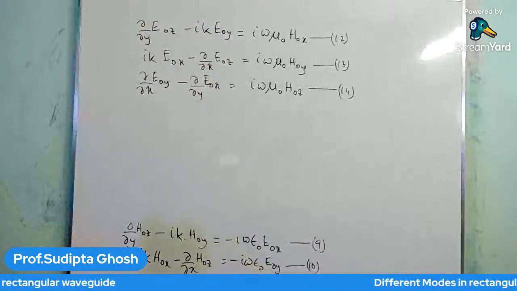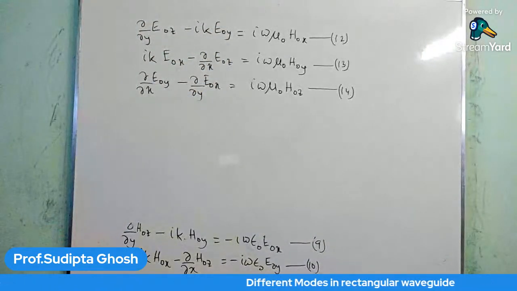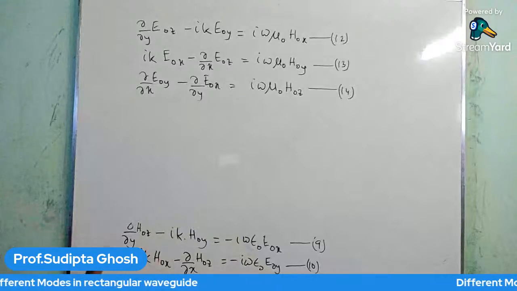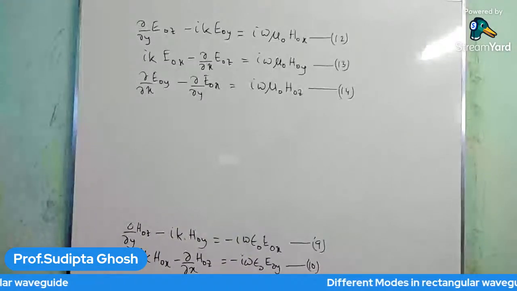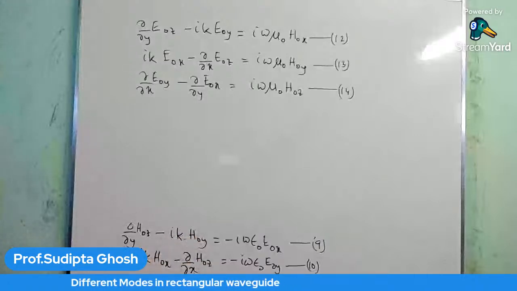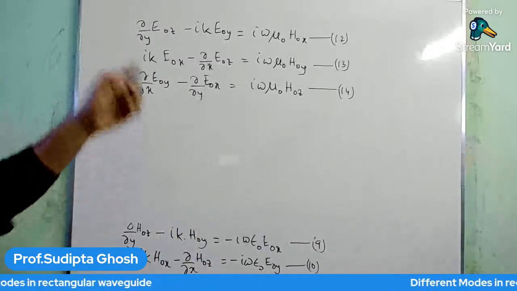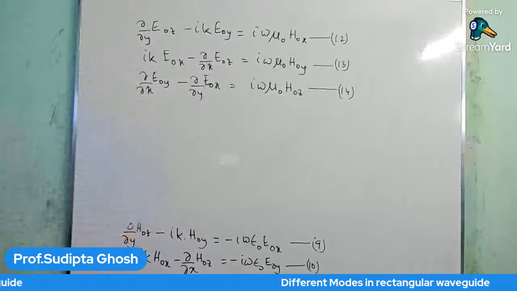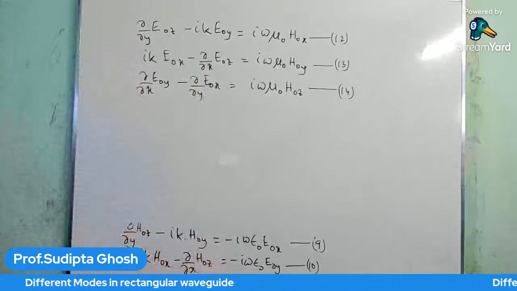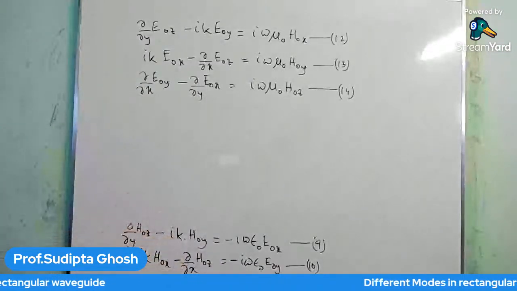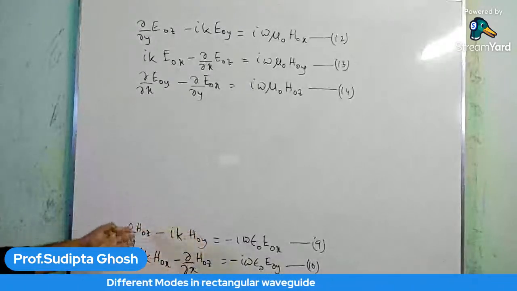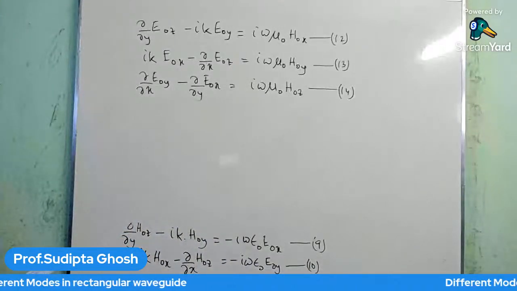I am going to show you one of the equations, and then similarly we can find the others. So we can substitute the value of EOY from equation number 10.